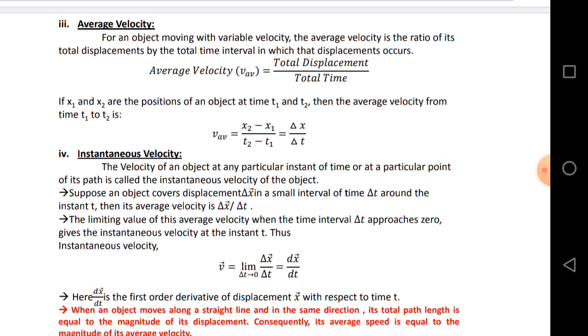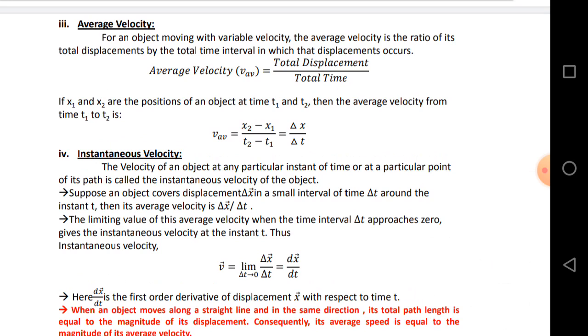So average velocity is the total displacement covered by the body by the total time taken to cover that displacement. If x1 and x2 are the two positions of an object at times t1 and t2, then the average velocity from time t1 to t2 is v average equal to x2 minus x1 by t2 minus t1, equal to del x by del t.